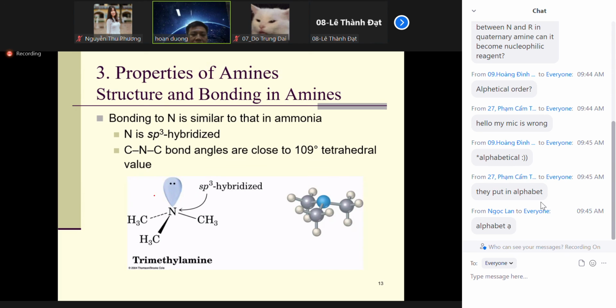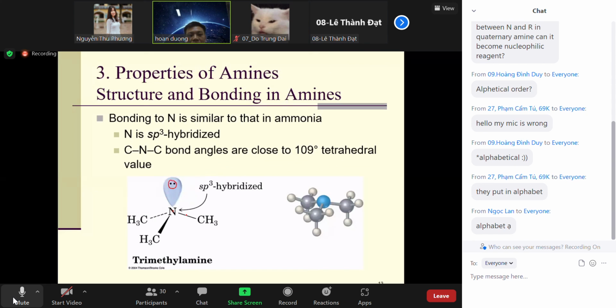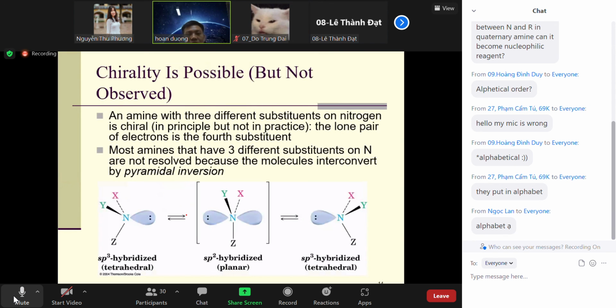And now you see that one. So here put the center. Now you just put the center of the tetrahedral, and so one pair of electrons gets one side, and the other three get the other side. Okay. And now you can see.